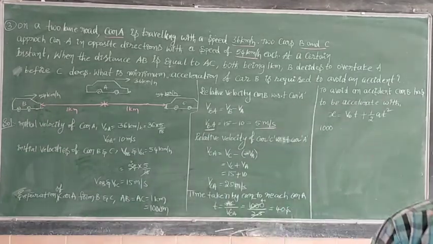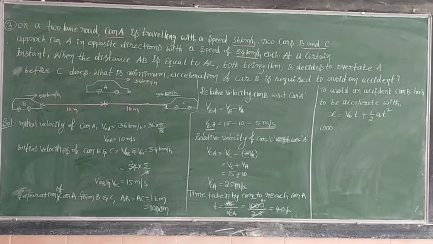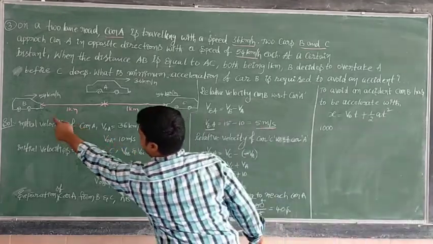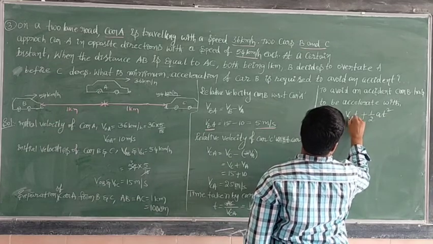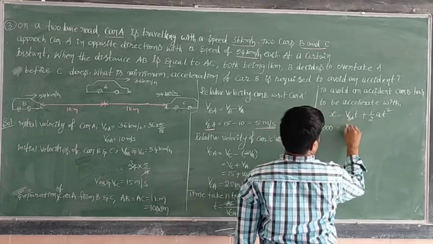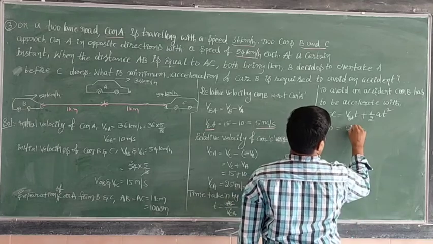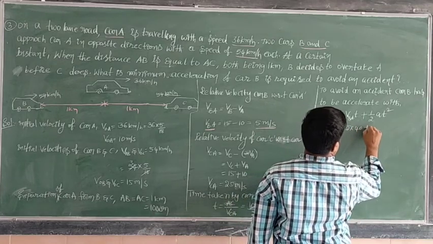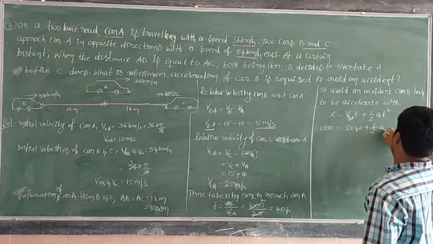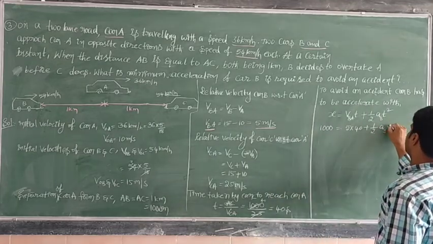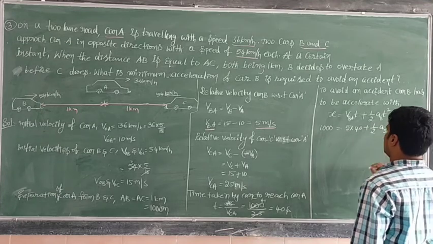Now, what is the velocity of car B with respect to car A? We have to take V_BA, which is 5. Time is 40, plus half into the acceleration of B, which we have to find, into time squared, 40 squared.